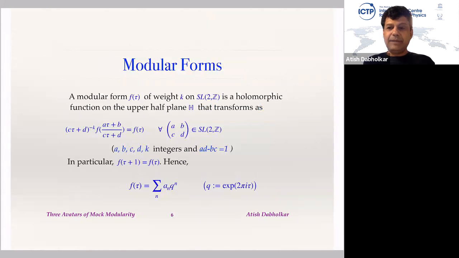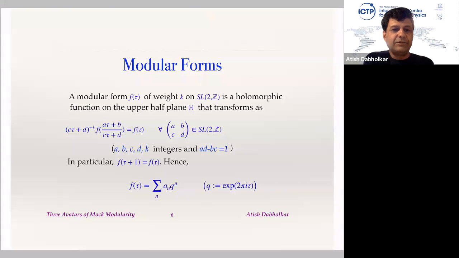So let me remind you a little bit about modular forms to begin with, since we are going to talk about modular symmetry and why it is important in physics, and some basic definitions. So a modular form f of tau of weight k of the group SL(2,Z) is a holomorphic function in the upper half plane, which is basically invariant under a modular transformation.